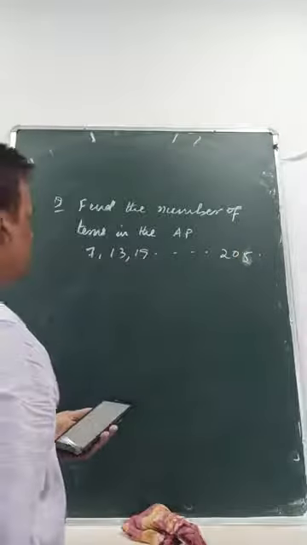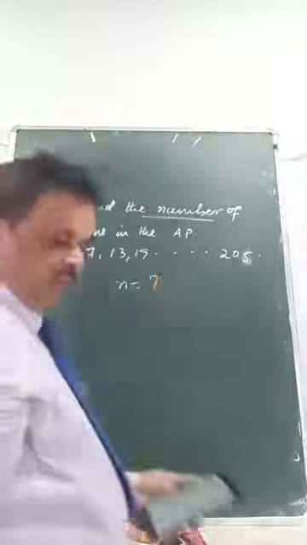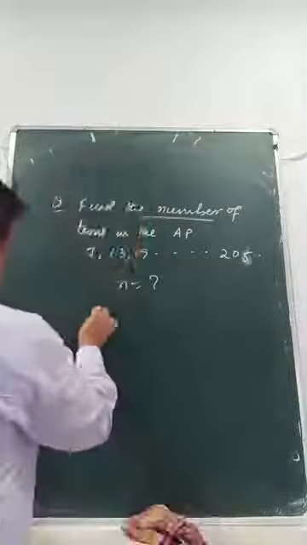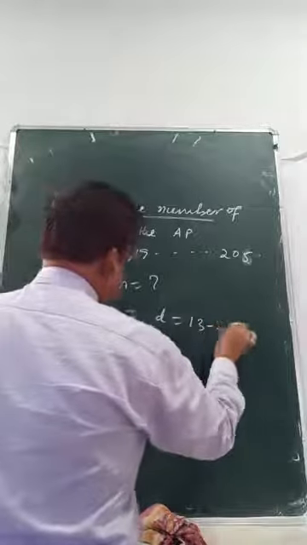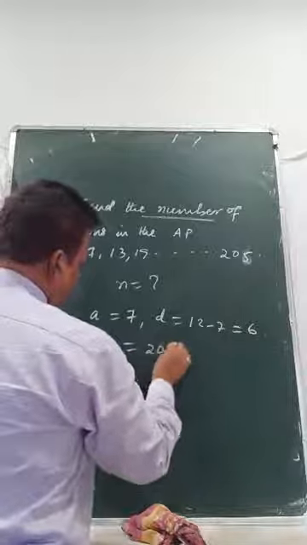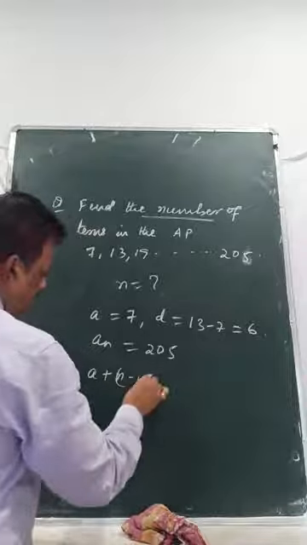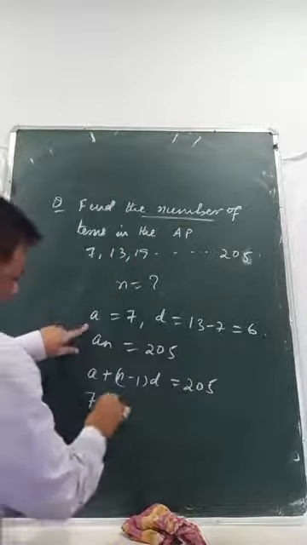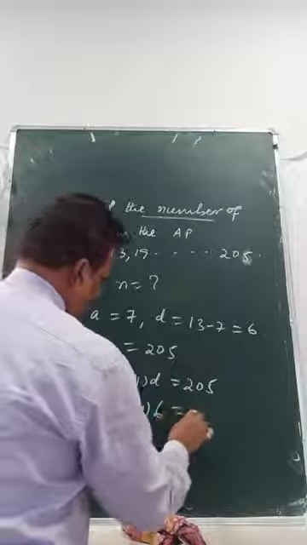How will you do it? Number of terms means n you have to find out. Same method. Your last term is given. A is 7. D is 13 minus 7, that is 6. The last term is 205. So what is the formula? A plus (n minus 1) into D equals 205. Put 7, and D is 6: 7 plus (n minus 1) into 6 equals 205.